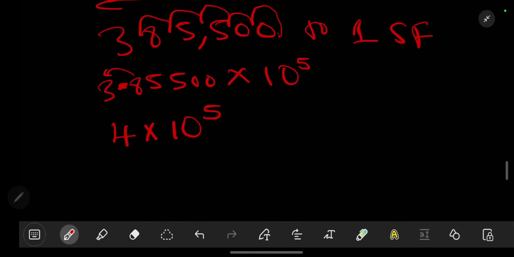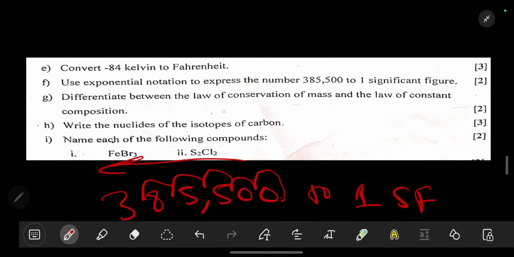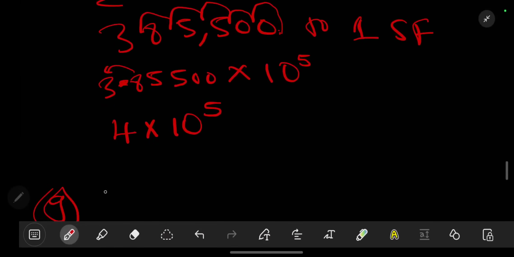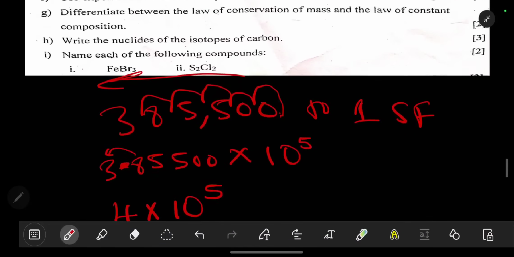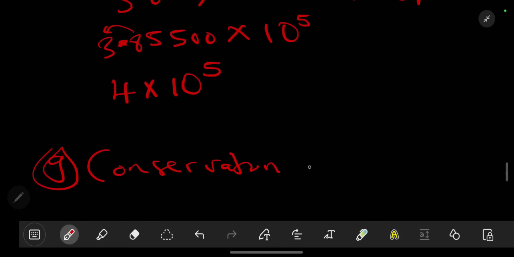So we have G: differentiate between the law of conservation of mass and the law of constant proportion. The law of conservation of mass talks about the fact that the total mass is conserved.